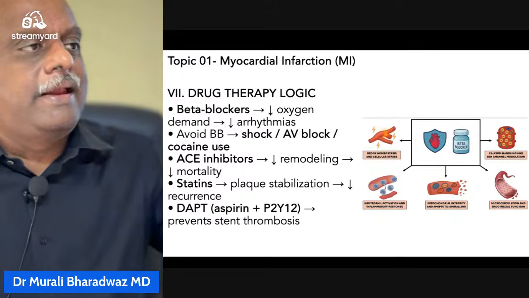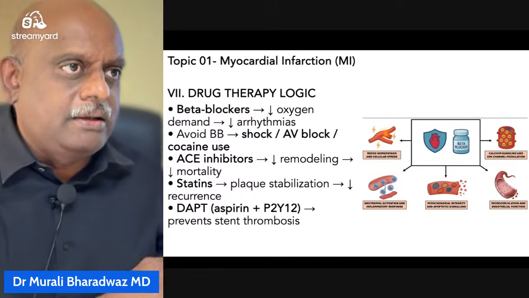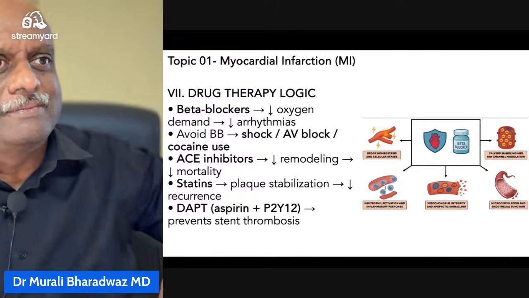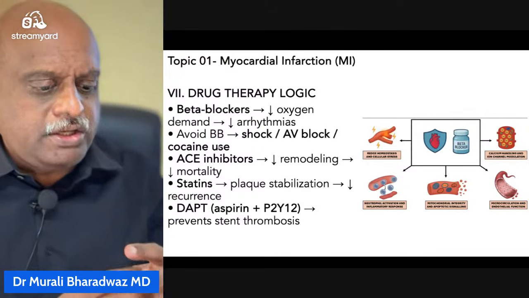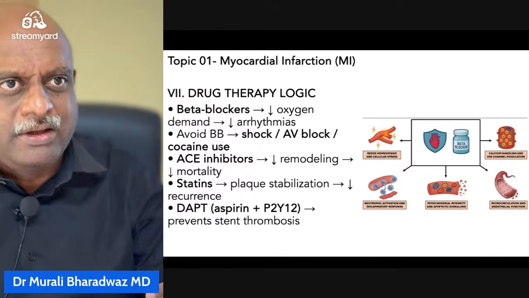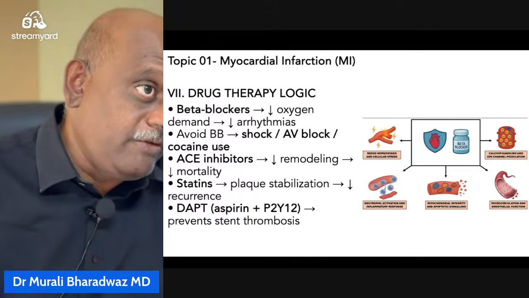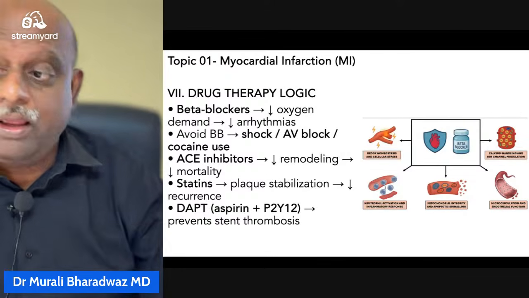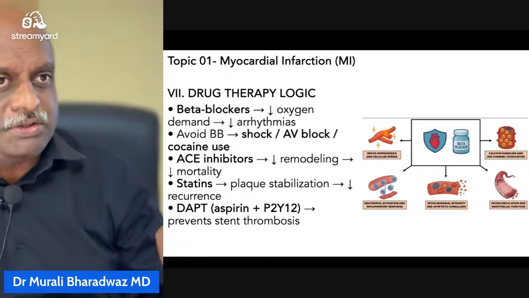But there are three scenarios where you don't give beta blockers in MI. Number one, if the patient is in shock. Two, if the patient has AV block, since the AV node is made more refractory by a beta blocker. In inferior MIs, you have AV block. So shock, AV block, cocaine users: avoid the beta blockers.